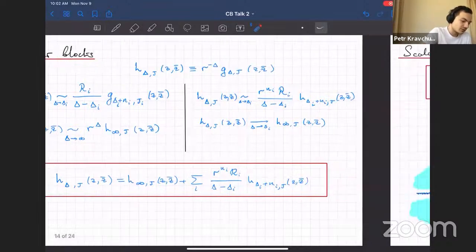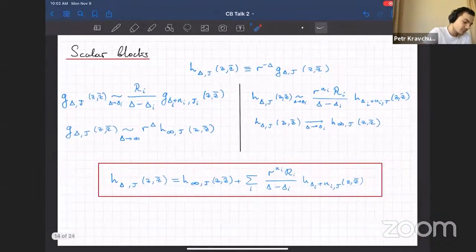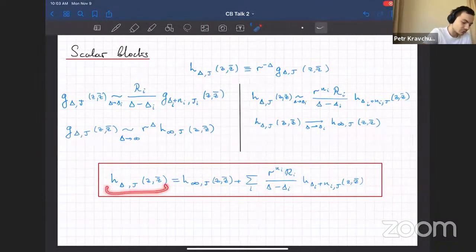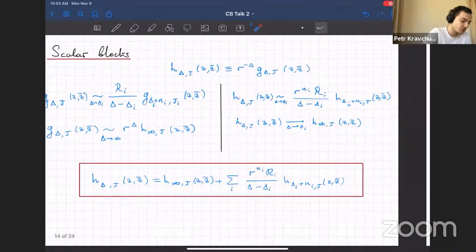And this expansion is what we call the recursion relation, because it expresses the function h in terms of the known function h infinity, and again in terms of the function h.